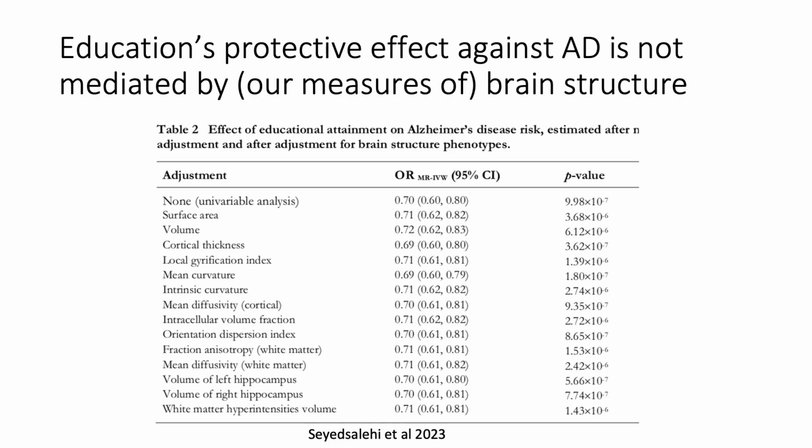Here's the effect size unadjusted, the protective effect of education on dementia. If you add in all these different imaging variables, it makes hardly any difference to the effect size. If brain structure was an important mediator, you'd expect that effect size to really change when you add it into the model, but nothing really happens there.